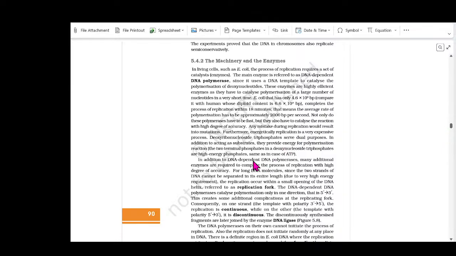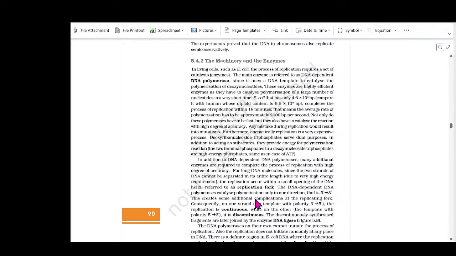In addition to DNA polymerases, many additional enzymes are required to complete the process of replication with a high degree of accuracy. For long DNA molecules, since the two strands of DNA cannot be separated in their entire length, the replication occurs within a small opening of the DNA helix referred to as the replication fork. The DNA-dependent DNA polymerase catalyzes polymerization only in one direction, that is 5' to 3'.